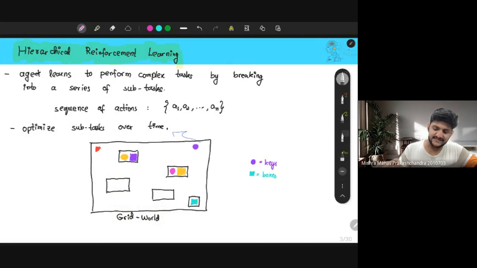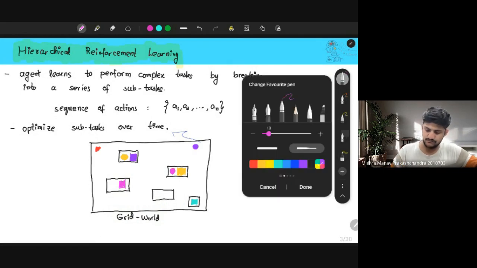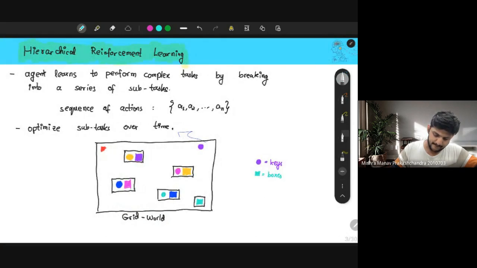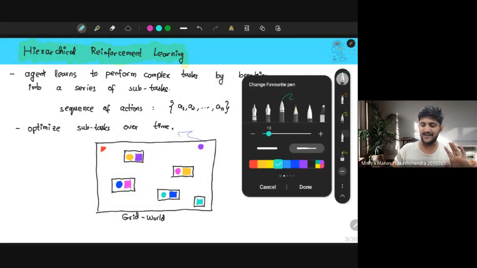Okay, there's a pink colored key inside, and then here there's a pink colored box inside which let's say is a dark blue. So this is the problem that we have.